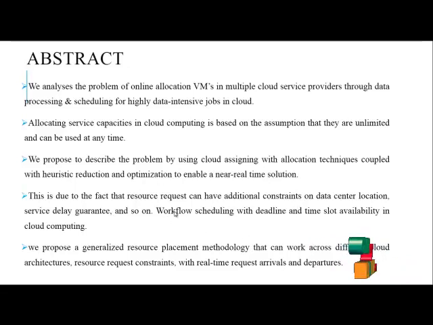Workflow scheduling is nothing but scheduling the job or data through the scheduler. The scheduler allocates works, which are called jobs. Finally, we propose a generalized resource placement methodology that can work across different cloud architectures, with resource request constraints and real-time request arrivals and departures.